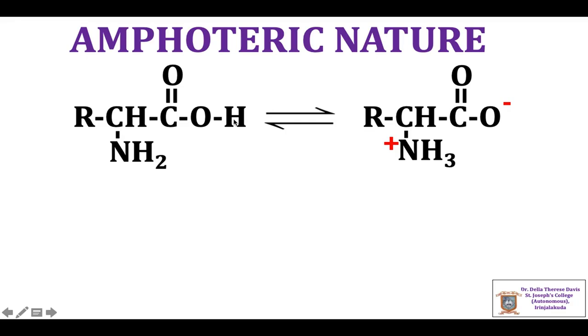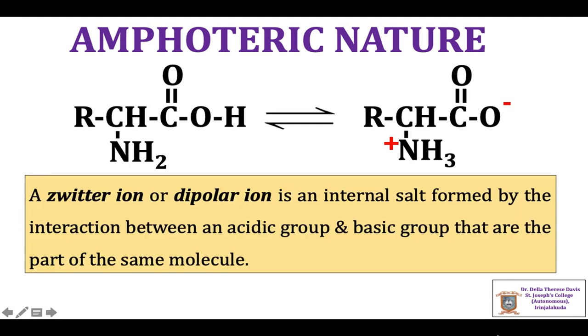When the hydrogen is transferred to NH2 group, nitrogen gains a positive charge and there exists a negative charge on the carboxylic oxygen. A zwitter ion or a dipolar ion is an internal salt formed by the interaction between the acidic and basic groups that are the part of the same molecule.